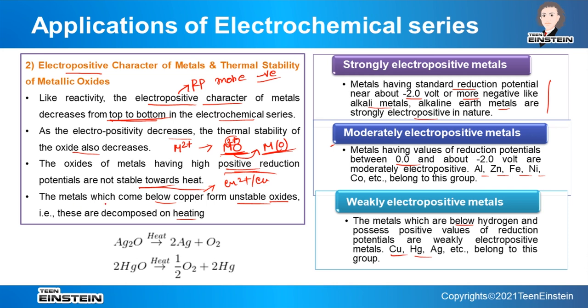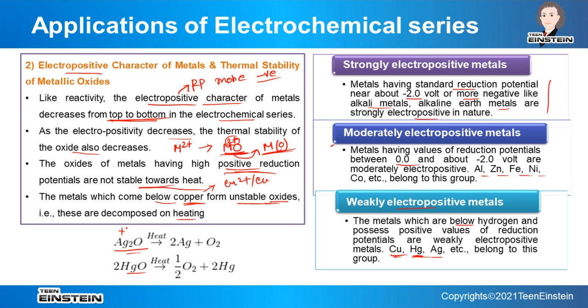As we have seen, metals which come below copper, that is more positive value than copper, they will form unstable oxide. So silver oxide, you can see weakly electropositive. Here we have silver and mercury. So mercury oxide and silver oxide, if you heat it, then it will reduce.